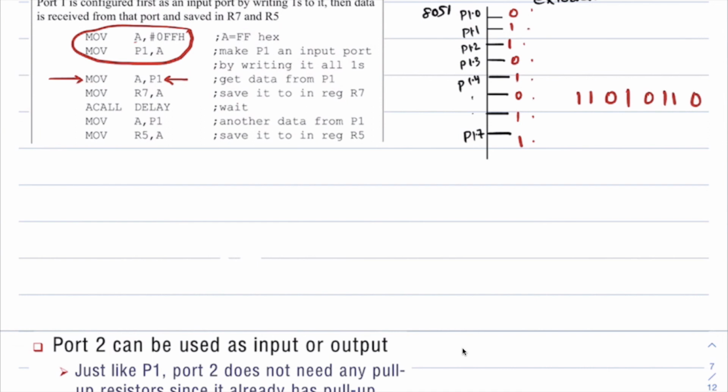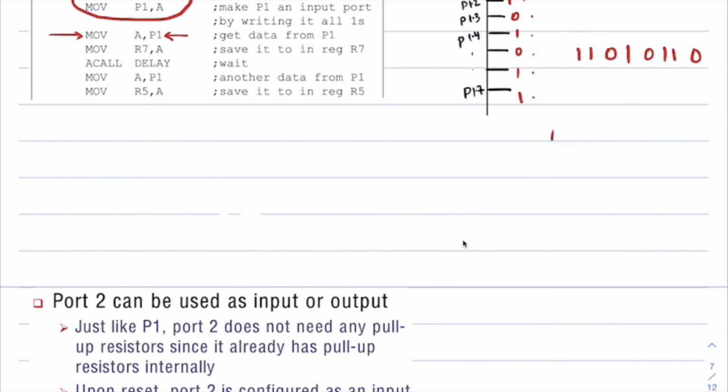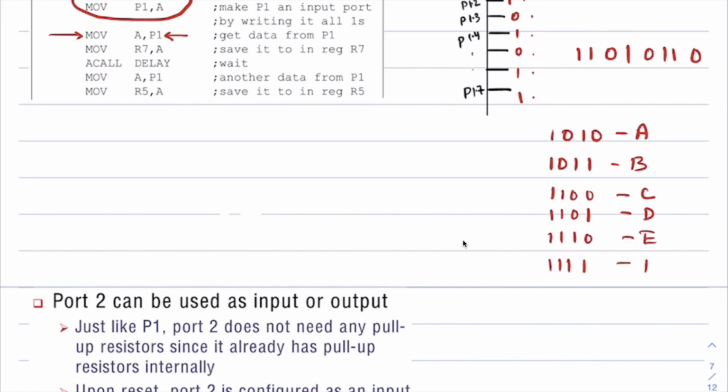So what is 1101? Let us see. We know that 1010 is A, 1011 is B, 1100 is C, 1101 is D, 1110 is E, and 1111 is F. So 1101 is D, so this will be D, and this is 6.